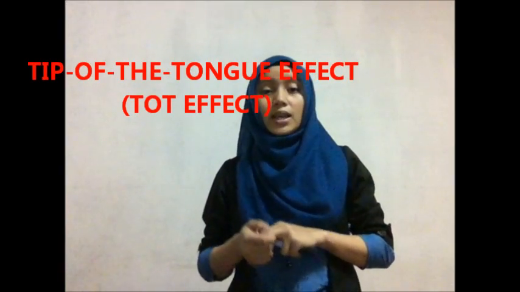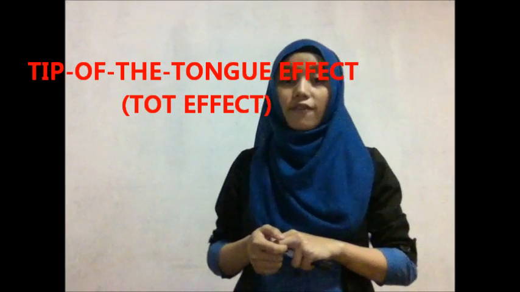For example, a student might fail to retrieve a fact for an exam even when he is certain that he knows the fact. This phenomenon is called the tip of the tongue effect, or the TOT effect. The TOT effect is the feeling of knowing something that cannot be retrieved immediately.